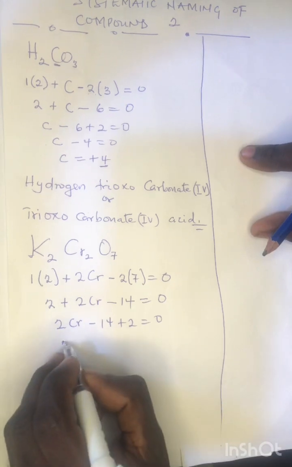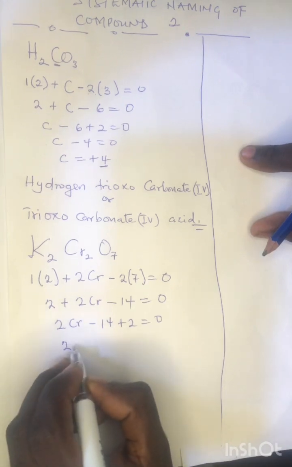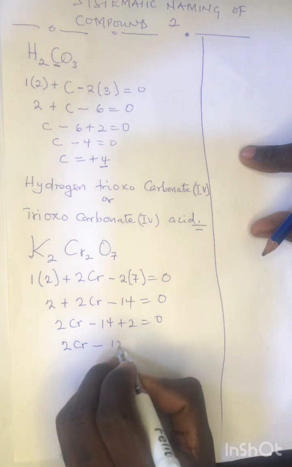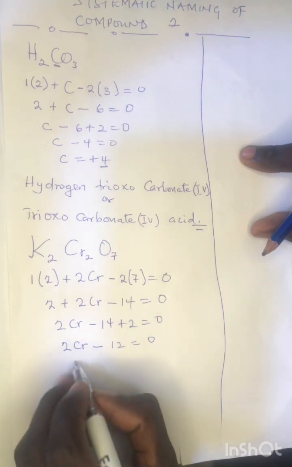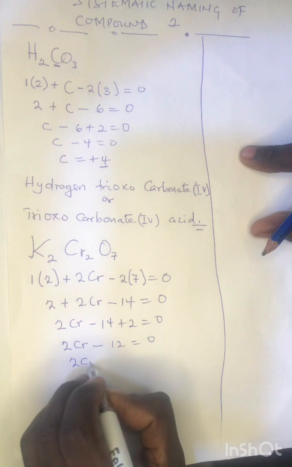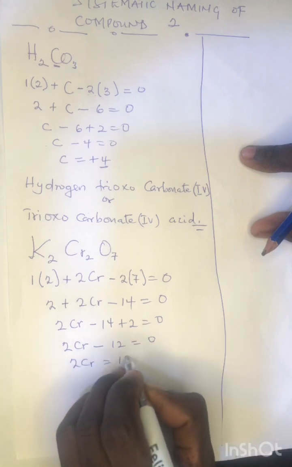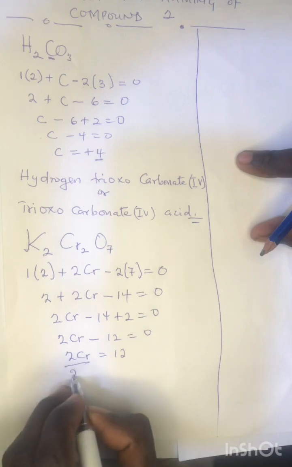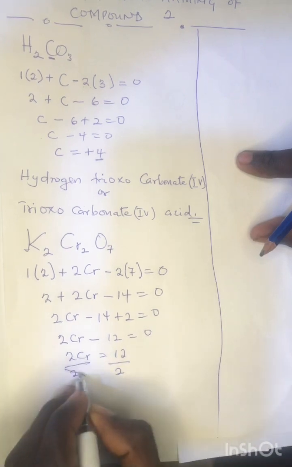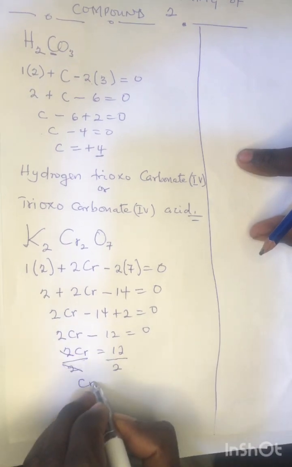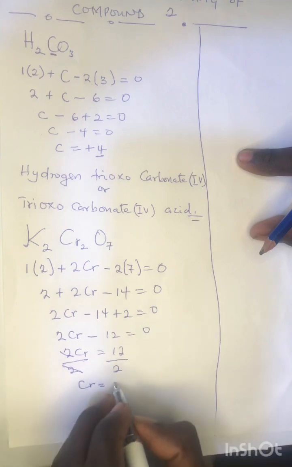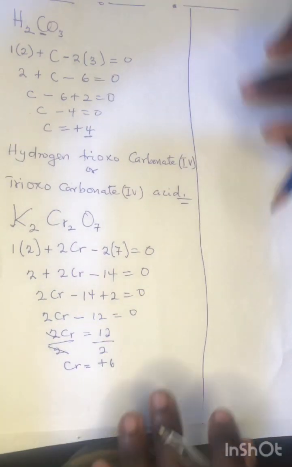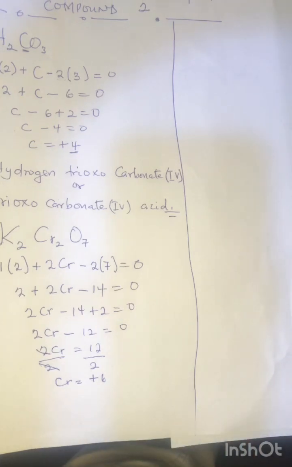So I'll get 2Cr, then -12 is equal to 0. Grouping like terms, 2Cr is equal to 12. Now making Cr the subject, divide here by 2 and divide there by 2. So I'm getting Cr to be plus 6. We have to pass through all this to get it. Now how do I write it?